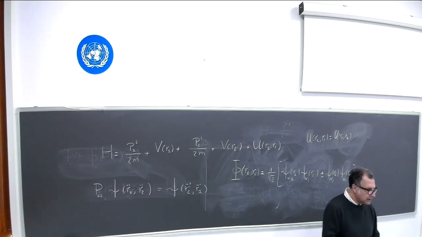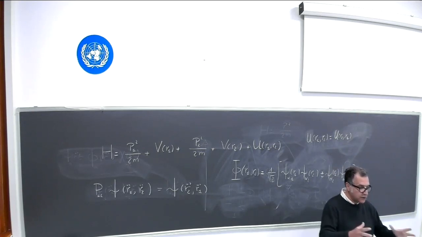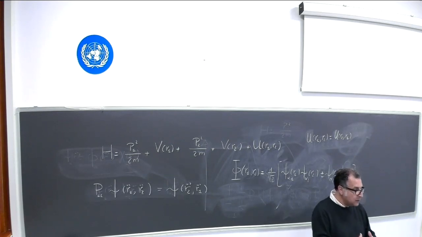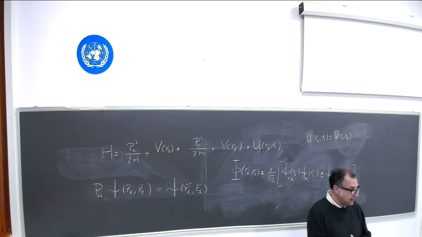You can associate a de Broglie wavelength, called the thermal de Broglie wavelength, which essentially tells you the departure from quantum or classical states.